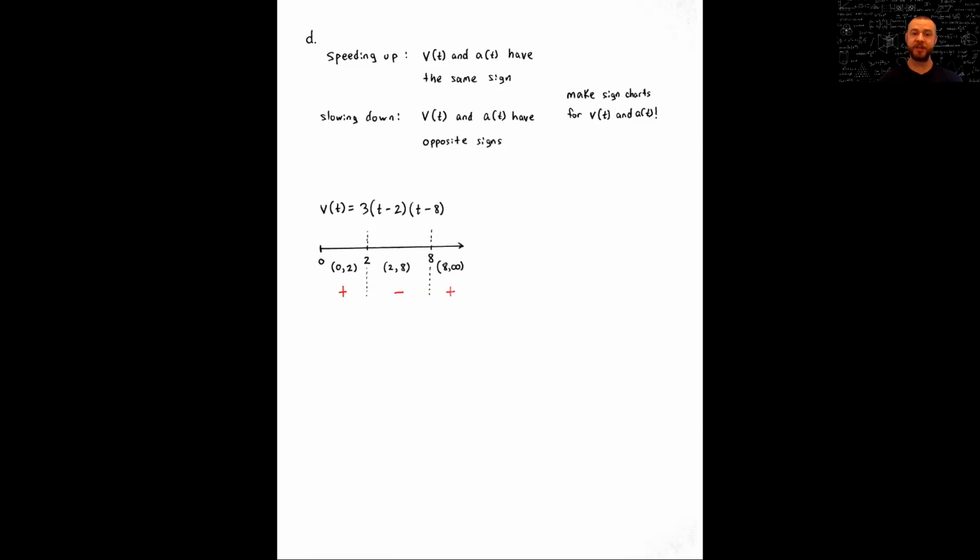Set the acceleration equal to 0, solve for t, and that will tell us at what value for time the acceleration is 0. You can then make your sign chart, which would then tell you at all other times when the acceleration is positive or negative. Give yourself maybe 2 minutes to create that. We'll check in. It's the key and final step to answering part D.